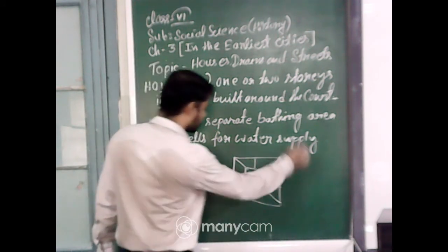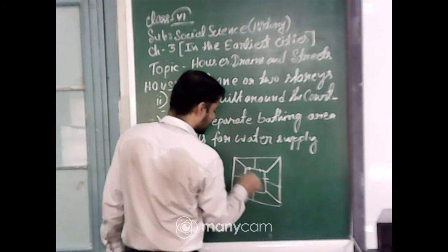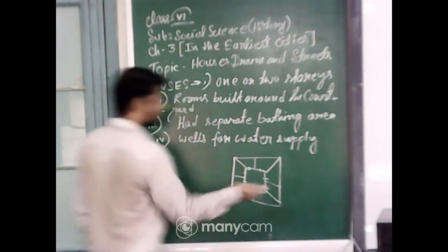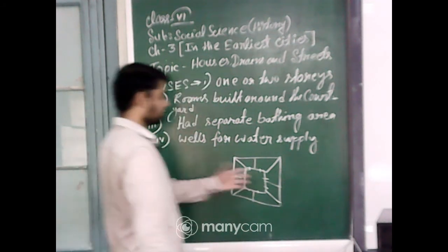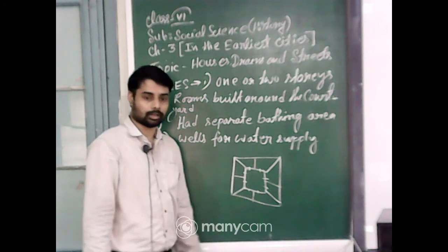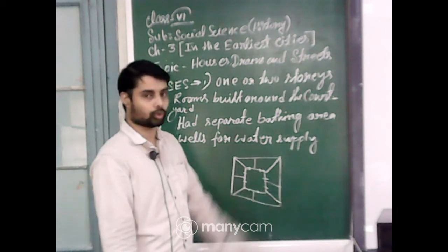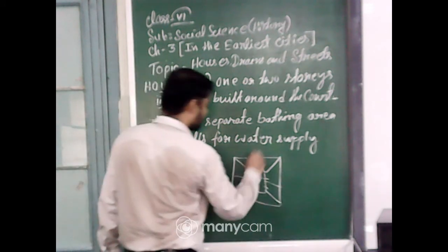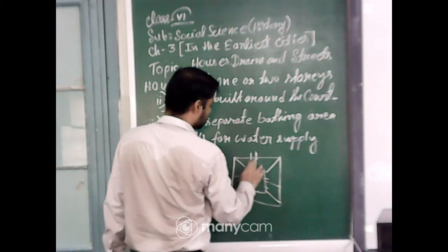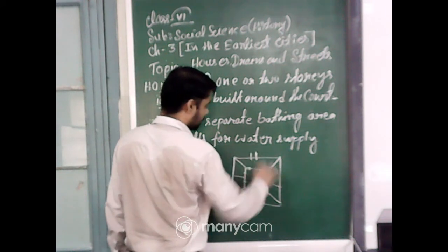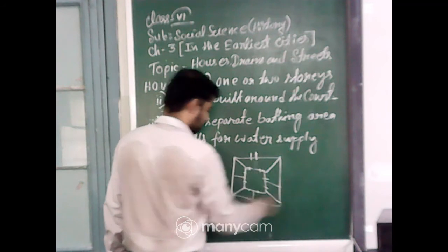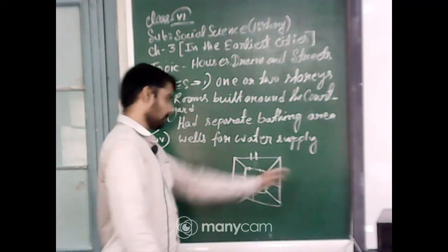The windows are on the side of the courtyard to prevent the dust and dirt from the roads. And this is the main entrance, and the main entrance as well as the rooms were constructed around the courtyard.